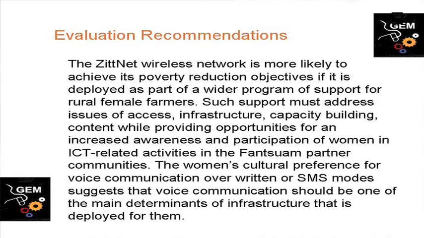So these are some of the recommendations that they are now looking at. They say that the DNet wireless network is more likely to achieve their poverty reduction objectives if it is deployed as part of a wider program of support for rural female farmers.